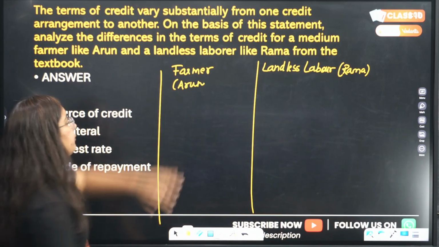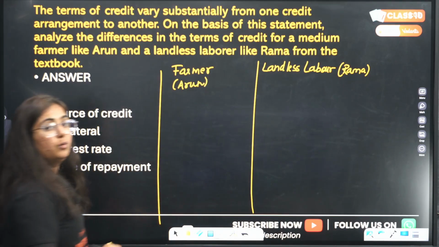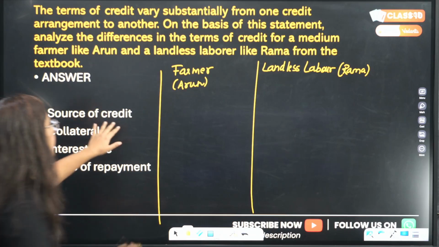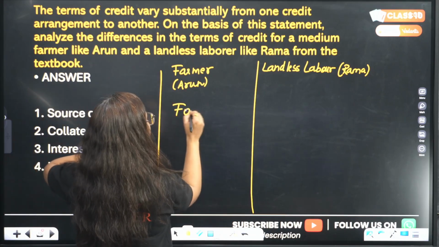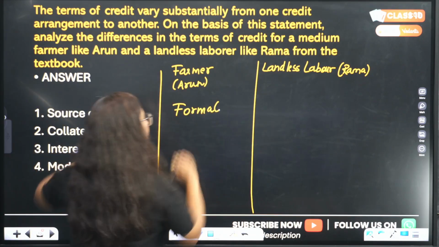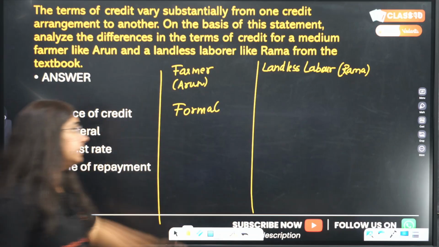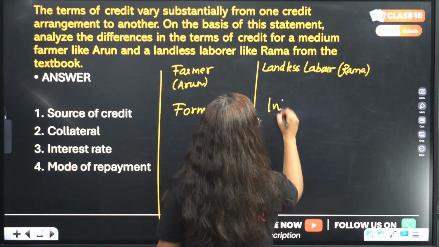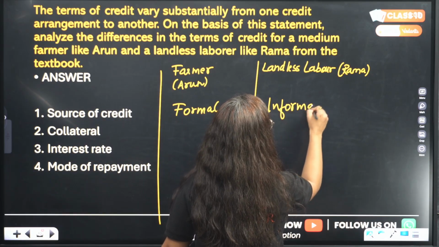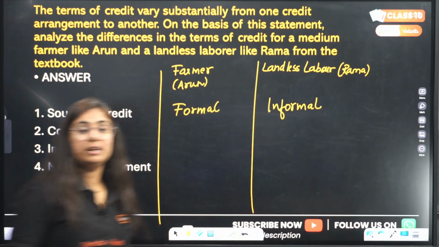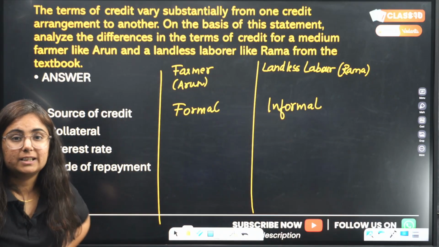Where do you think farmer Arun will go when he wants a loan? Source of credit, do you think it will be formal or informal? This will be formal. And a landless laborer living in a village, not that educated, having no resources, will definitely go to the informal sector.